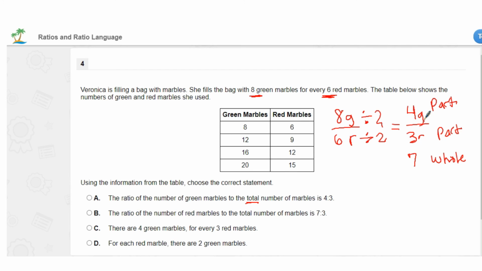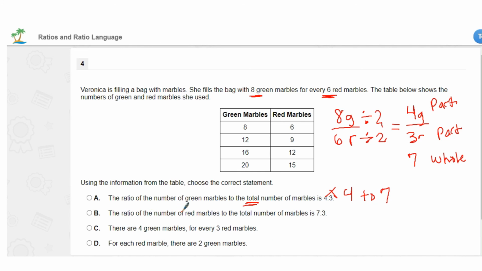The green simplified is going to be 4 to the total. So I need it in that order. The total is when the simplified ratio has 4 for green, the total simplified whole is 7. So since it says 4:3, that's the part to part and not a part to whole. So I'm going to eliminate that one and move on.